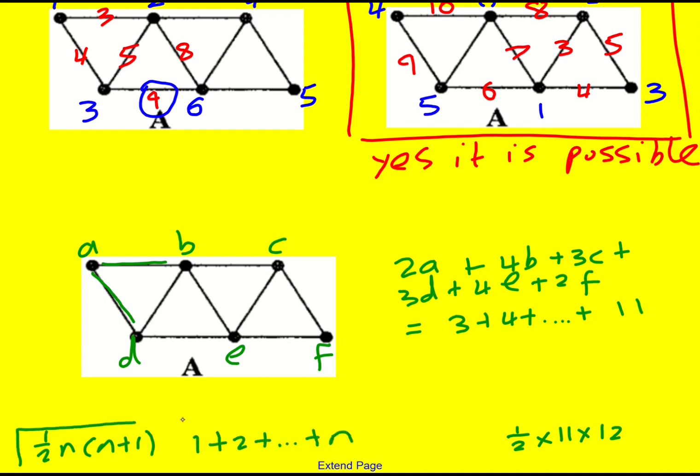I do recommend reading about this, but also learning it and using it in situations like this, because I'm going to get 66, and I just need to minus a 1 and minus a 2, so it's going to be 63. Of course, you can do it the long way, but it really comes into its own for larger sums, and it is just a quick summation method. Okay, so 63.